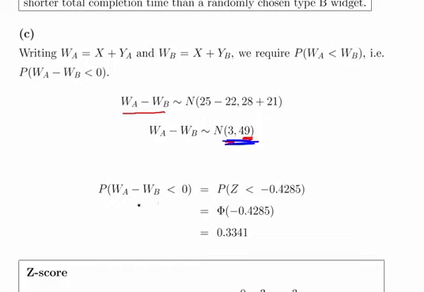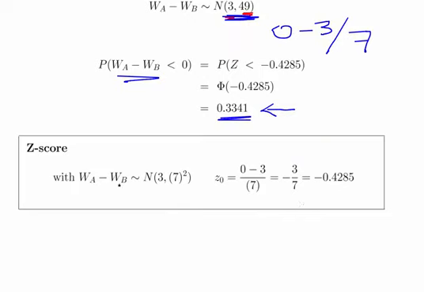So straightforward z-score calculation, 0 minus 3 all over 7, which is the standard deviation, minus 0.4285. Working that out, we should get an answer of 0.3341. Okay, and that's how I calculated the z-score there. Just a reminder that the standard deviation is the square root of the variance. Pops up a lot.